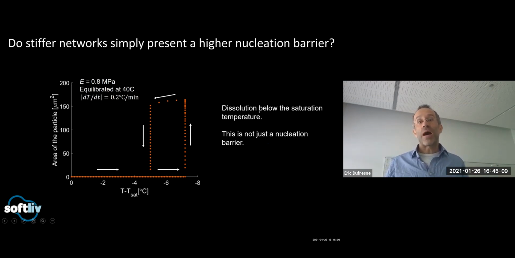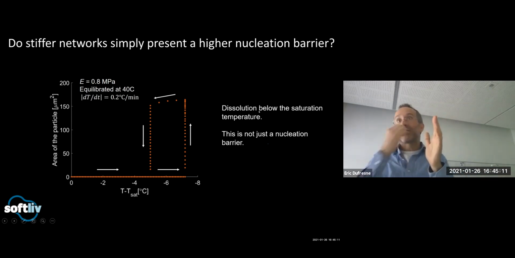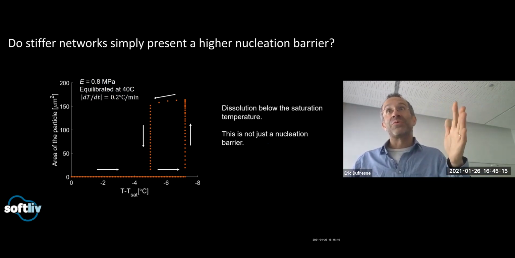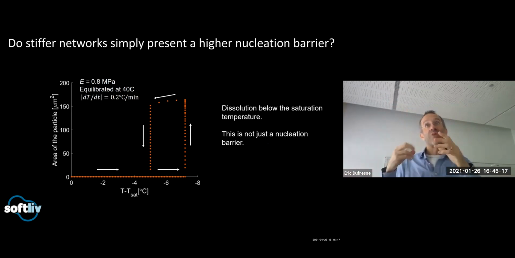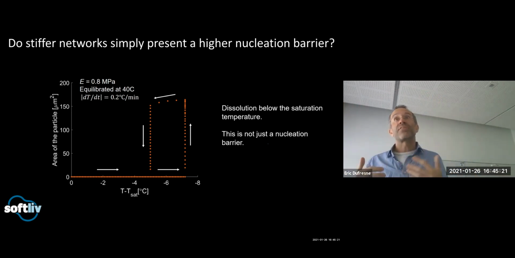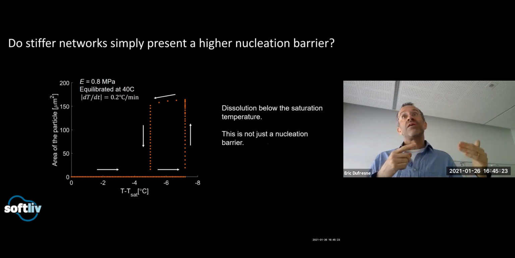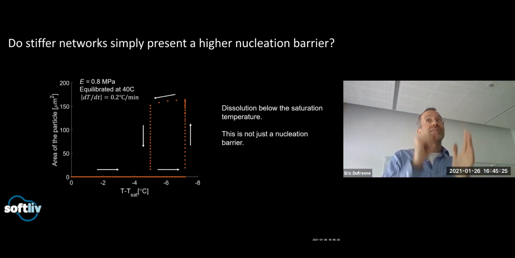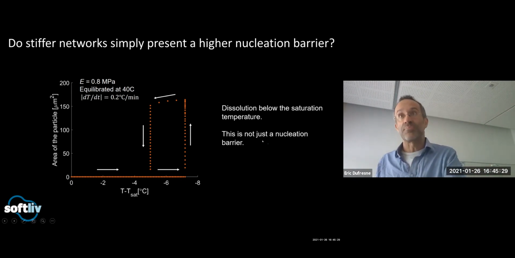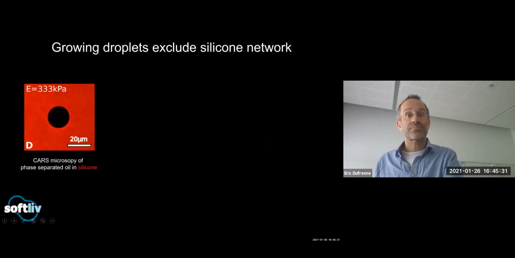So these droplets are dissolving into a network that is supersaturated with their components. So this is something different. It looks thermodynamic because you can cycle the temperature and it comes back and disappears again. Okay, so this is not a nucleation barrier. What the heck is going on?